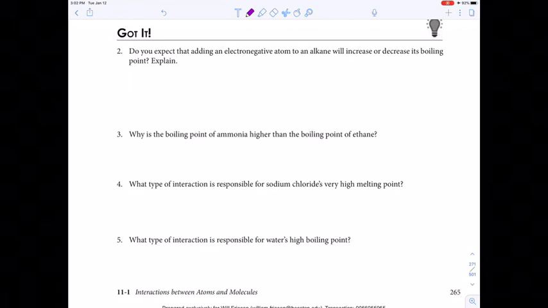Why is the boiling point of ammonia higher than the boiling point of ethane? So here's ammonia. Ethane looks like this. So hopefully by now you're noticing right away we have a hydrogen attached to an oxygen, nitrogen or fluorine, and we have an oxygen, nitrogen or fluorine with a lone pair.